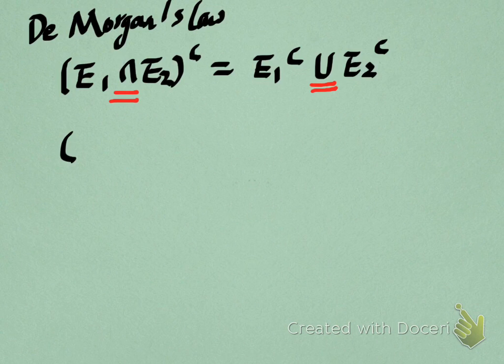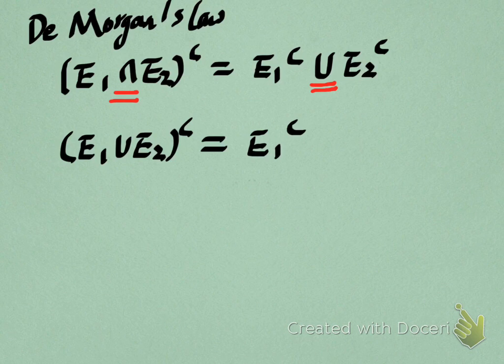And then similarly, if inside the parentheses we have E1 union E2, then after the complement we can rewrite this as E1 complement intersection E2 complement. So again we change the union to intersection. So you can remember this as: in De Morgan's laws, if we have a complement outside the parentheses, then we can distribute the complement inside the parentheses, but we need to flip our symbol.